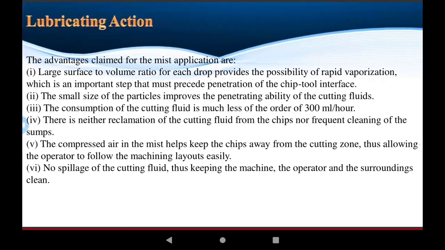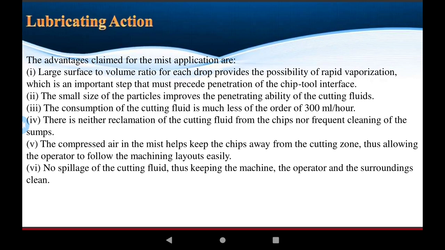Advantages and disadvantages of the lubrication action: the large surface-to-volume ratio provides the possibility of rapid vaporization, which improves the penetration for the chip and tool interface.